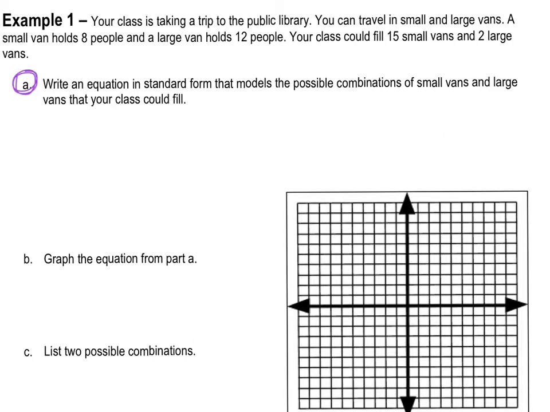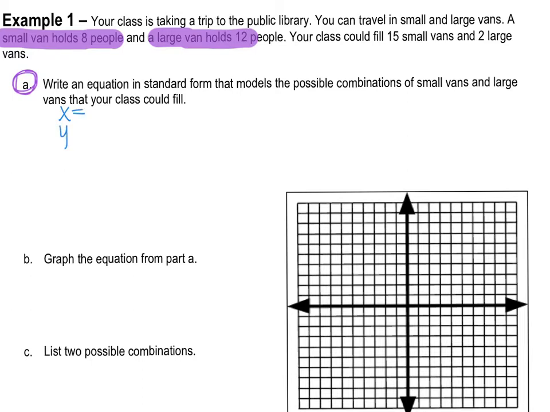Alright, and when we're writing this equation, there's a couple things that we need to keep in mind. So I'm going to go through and kind of highlight what I know. I know that a small van holds 8 people, a large van holds 12 people. So when I write part of my equation, you have to decide what your x and y values are going to represent.